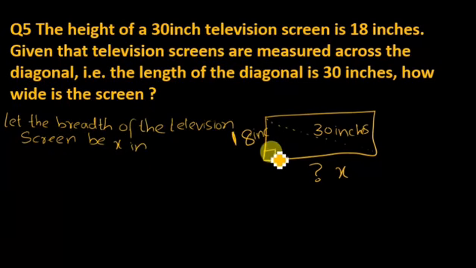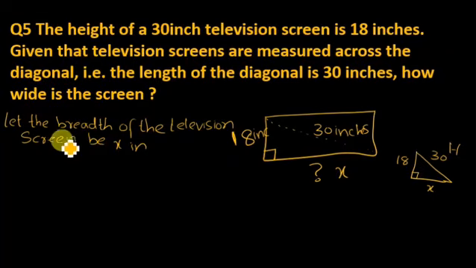Okay, by using Pythagoras theorem, this is the diagram which I drew. This is 90 degrees. You have to find out x. This is 30 inches and this is 18. The side opposite the 90 degrees is the hypotenuse, and the answer is 30.